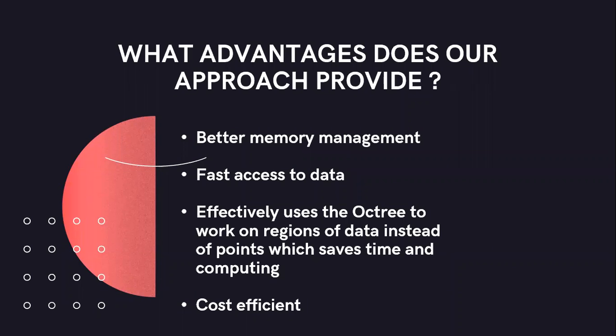As we have already discussed, our approach results in better memory management because of the compression of the 3D image through the Octree structure. It also leads to fast access of data as the data is stored in regions instead of points. So the nodes of the tree are reduced because of that, and since it's a tree, the time complexity is already logarithmic.